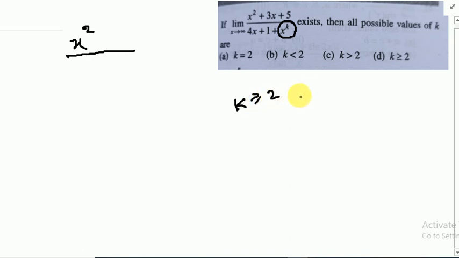If the degree of the numerator equals the degree of the denominator, then there exists a particular value. If the degree of the numerator is less than the degree of the denominator, then the limiting value is 0. If the degree of the numerator is greater, then the limit does not exist, meaning infinity. Therefore, the answer is option D, k greater than or equal to 2. Okay. Next one.